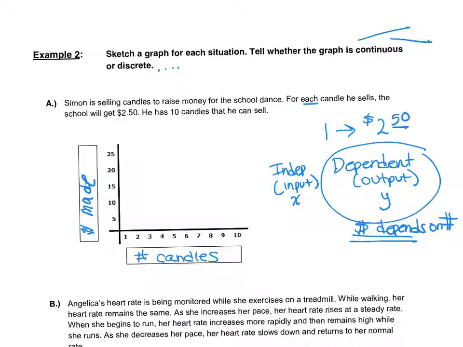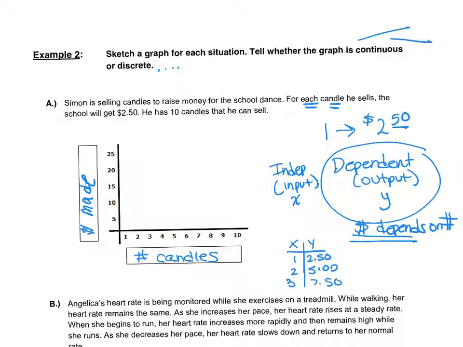For each candle, he gets $2.50. So that means that if I have one candle, I make $2.50. If I have two candles, I make $5. With 3 candles, I make $7.50.